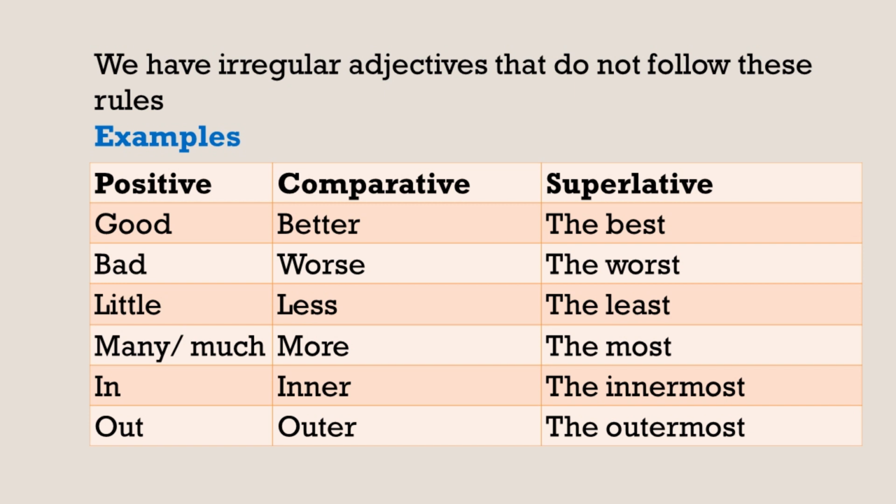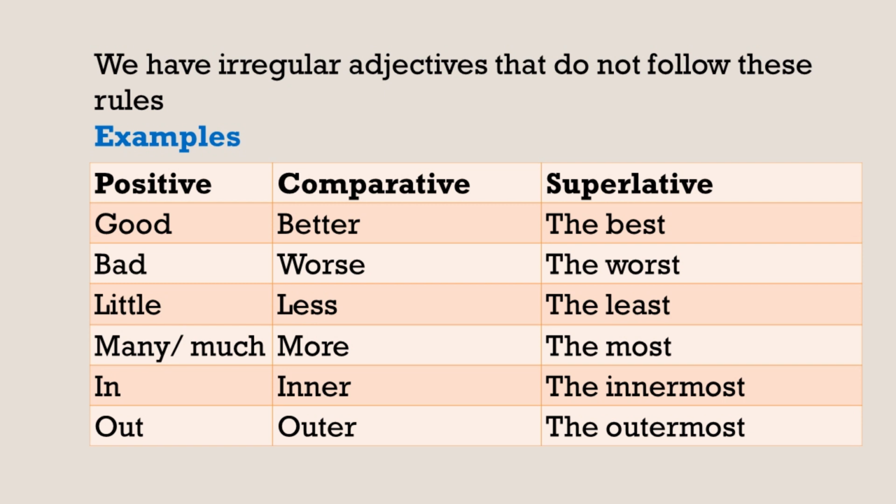We have irregular adjectives that do not follow these rules. Examples: in the positive, we have good, in the comparative, we have better, and in the superlative, we have the best. In the positive, we have bad, in the comparative, we have worse, in the superlative, we have the worst. Little, less, the least.